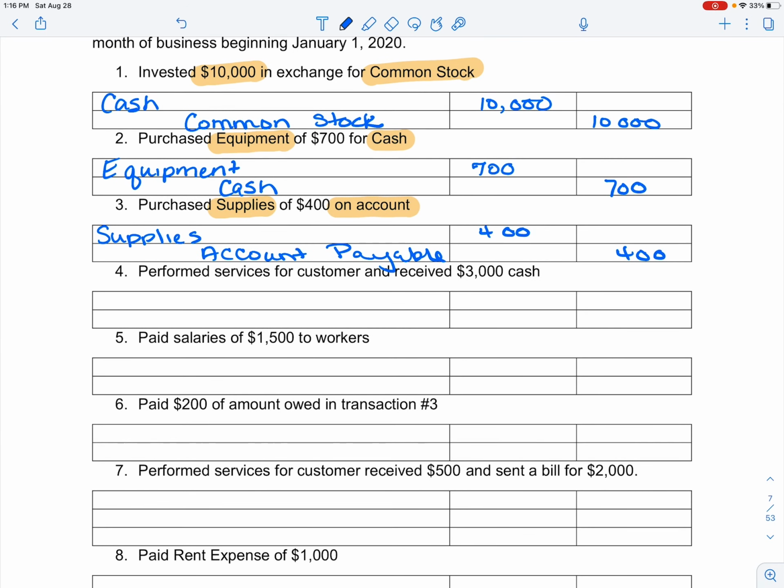So moving on to number 4, we performed services for a customer and we received $3,000 cash. If we have performed services, that's revenue, and we receive cash. So I'm increasing my cash, which is an asset, and I'm going to increase my revenue with a credit.